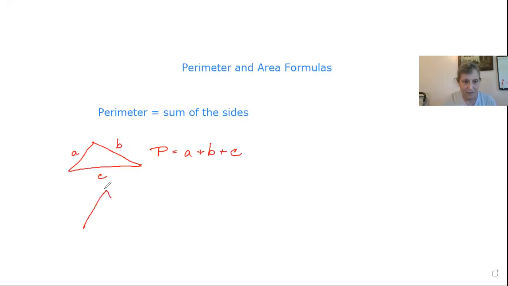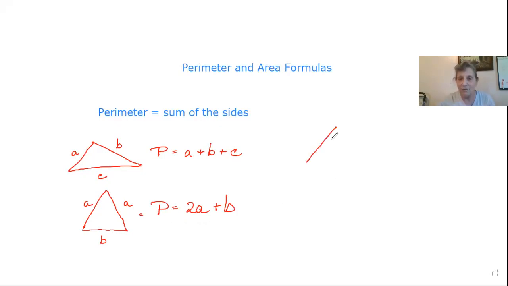If we had an isosceles triangle, remember that an isosceles triangle has 2 sides that are the same. So the perimeter here is going to be 2 times A plus B, but that's still A plus B.